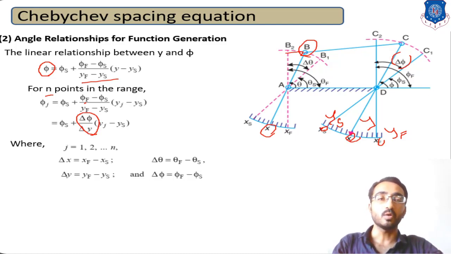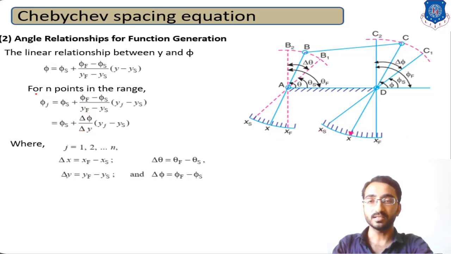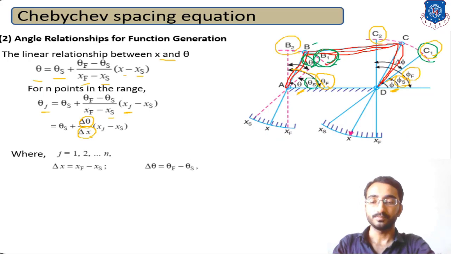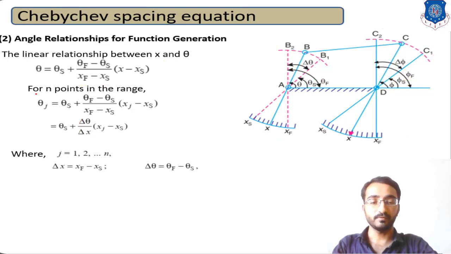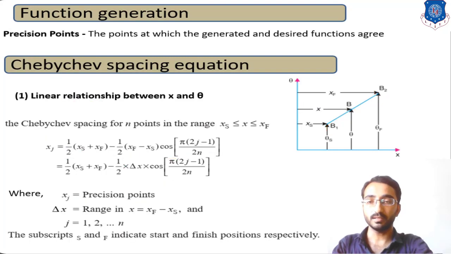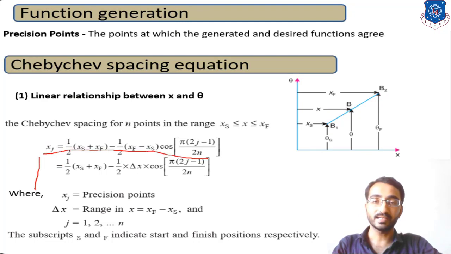Now on the basis of this Chebyshev spacing equation, we will solve one example in our next session. But for learning and calculating these numericals, you have to memorize three equations. First, the equation for x: you have to remember this equation, by which various positions of x can be found.